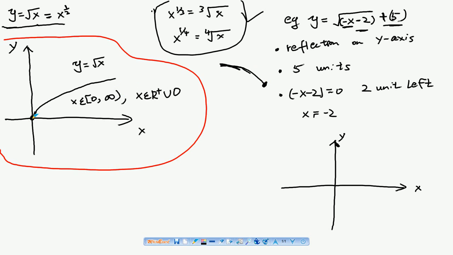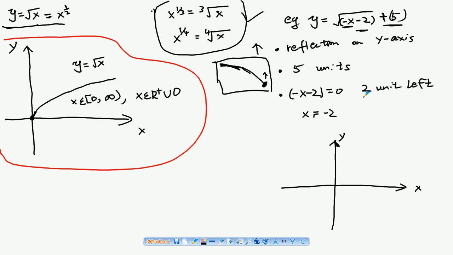It still starts from the origin. When we move 5 units up, the whole graph moves 5 units up, so the starting point also moves 5 units up.